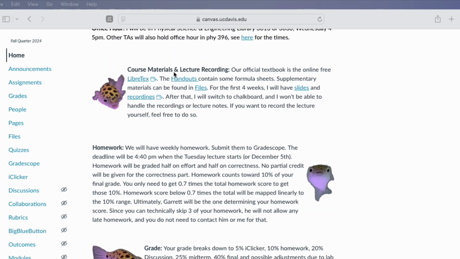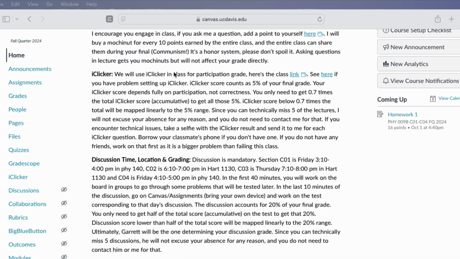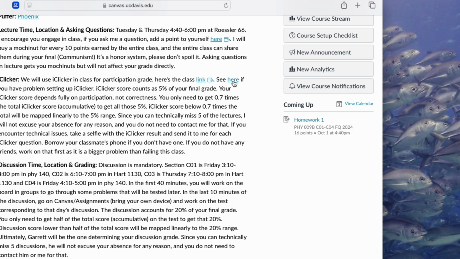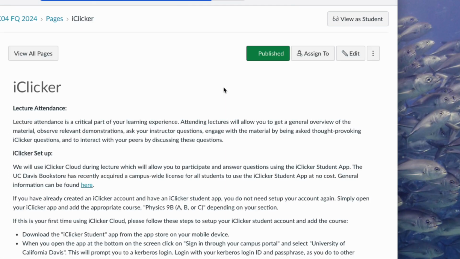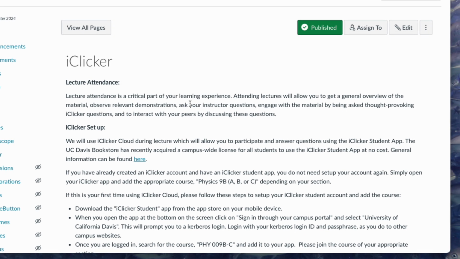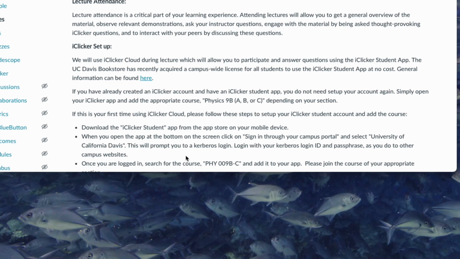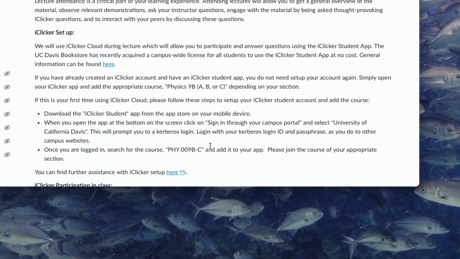The link is on the Canvas page, or you can search for Physics 9BC. That's the name I put for the iClicker for this course. There's a space, I believe, between the letters and the number.